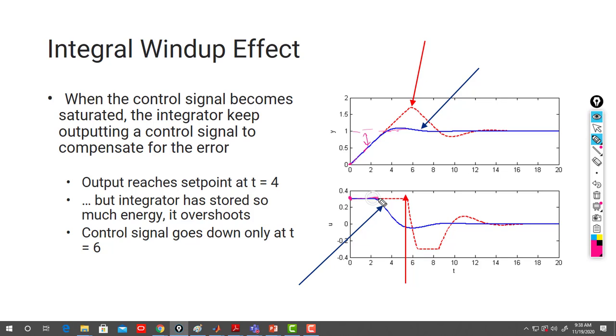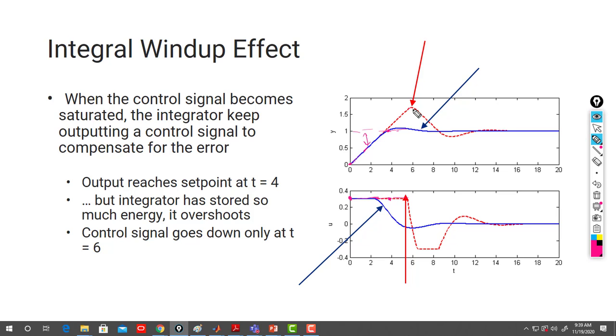At t equal 4, I'm reaching my set point. So basically it should go in blue, but actually what happens is your output keeps going up, and the control is still saturated like this.